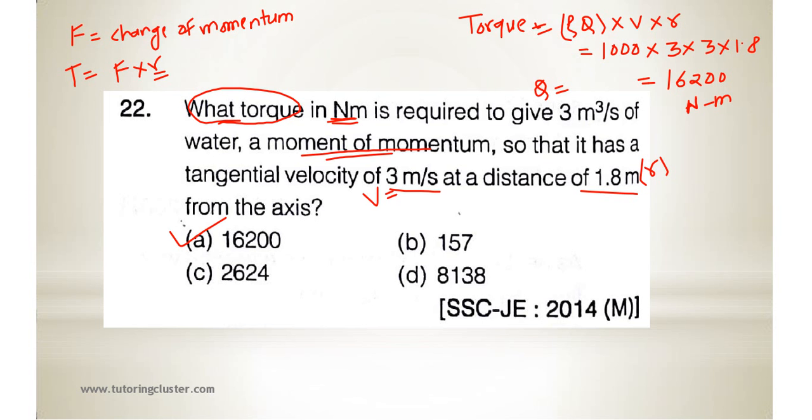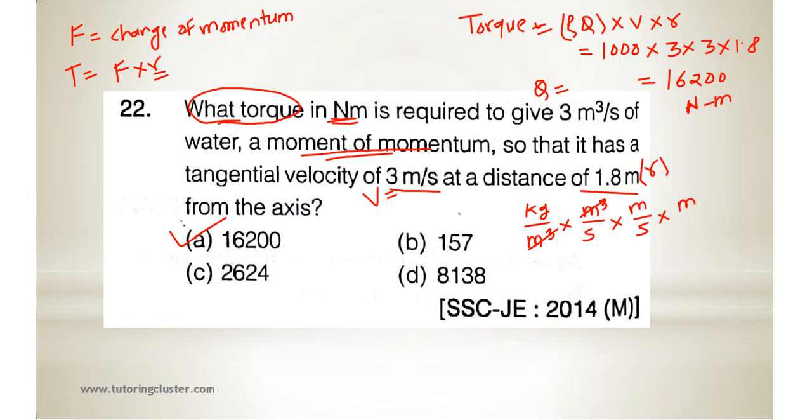Let us validate the formula. Torque is equal to rho q into v into r. Rho is density, with unit kg upon meter cube, into q which is meter cube per second, into v which is velocity, meter per second, into r, that is distance, meter.